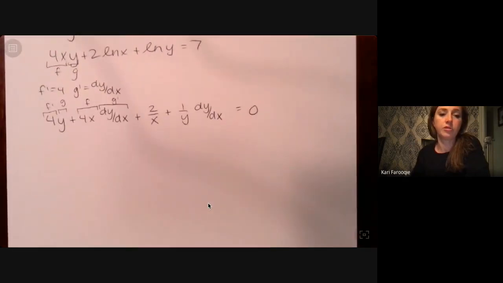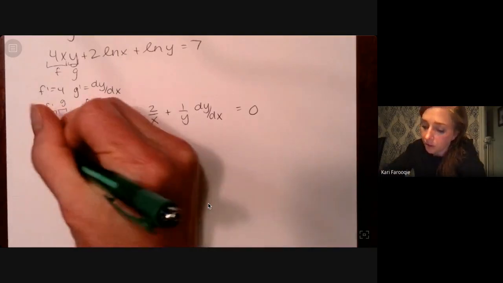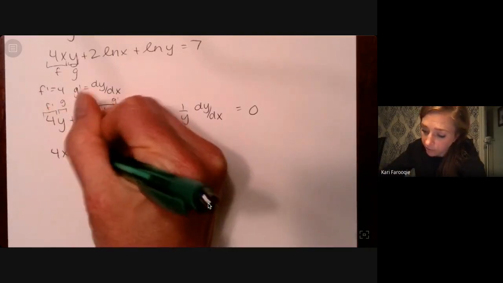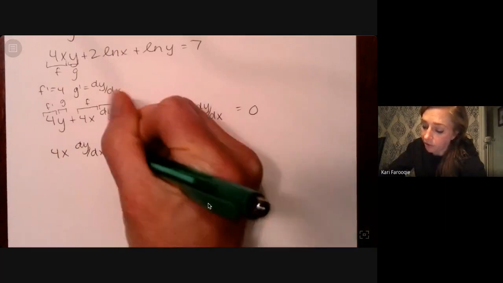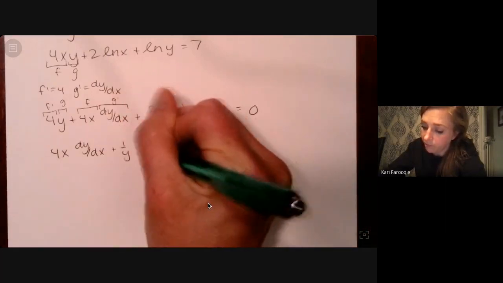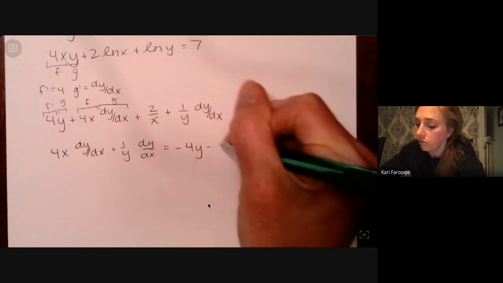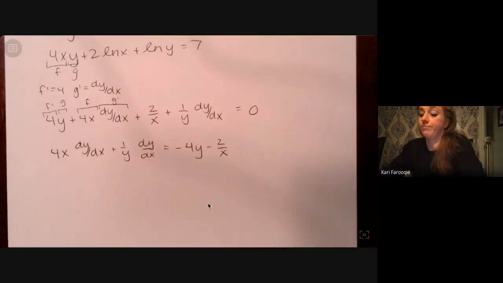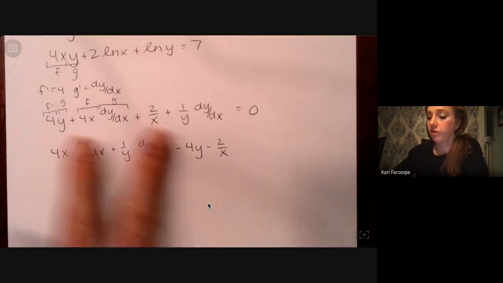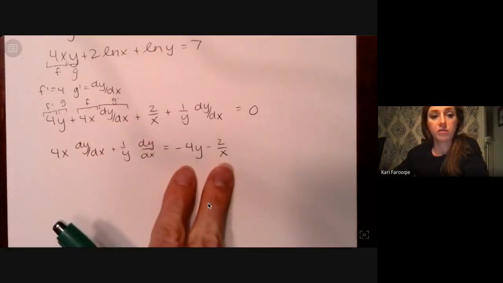Okay, now I'm going to get all the dy dx's, and I think I'm going to leave them on the left-hand side. So I have 4x dy dx plus 1 over y dy dx equals negative 4y minus 2 over x. So we change the side, change the sign.